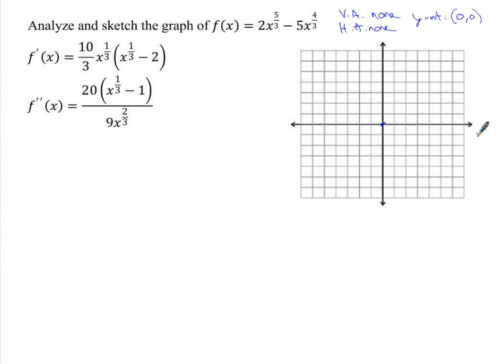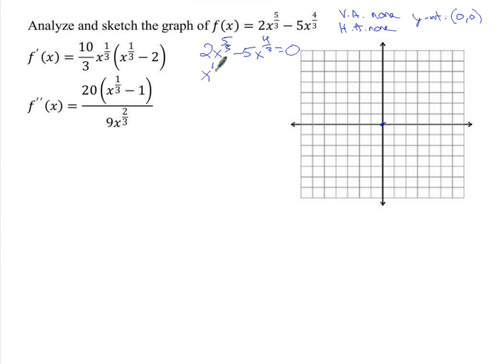Okay, good. If I set this equal to 0, now I have 2x^(5/3) minus 5x^(4/3), and that's equal to 0. Factor out least powers. The smallest exponent of 5/3 and 4/3 is 4/3. We don't have a GCF between my numbers, so I'll leave that alone.